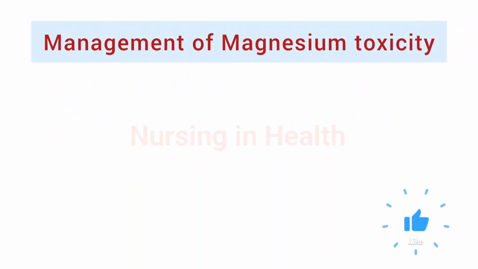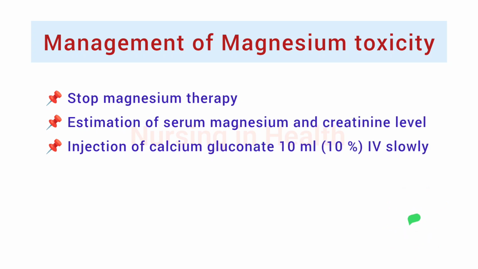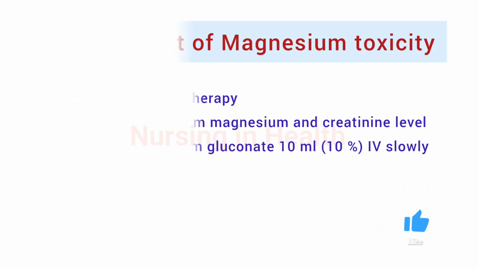Management of magnesium toxicity: stop magnesium therapy, estimation of serum magnesium and creatinine level, injection of calcium gluconate 10 ml 10% solution, IV slowly.